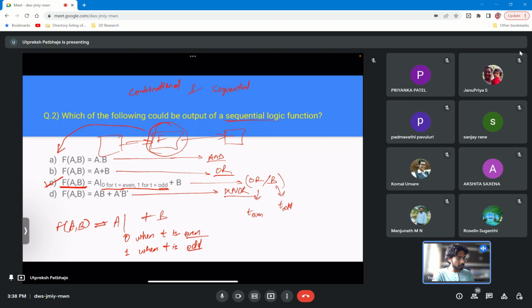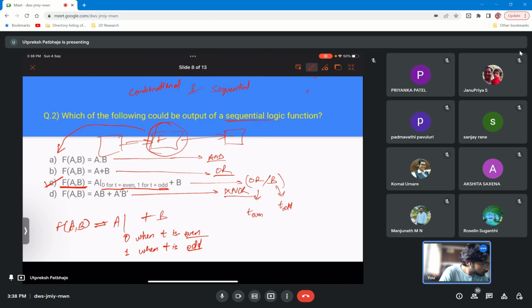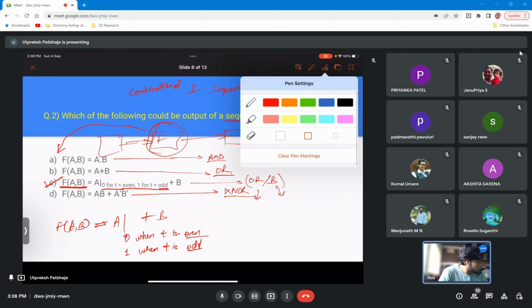But this C, depending on the time instance at which you are taking the output, you are getting either an OR gate or a B output directly. Oh, sorry, I just reversed it. Also, this is not just OR B. It's bad on my part.